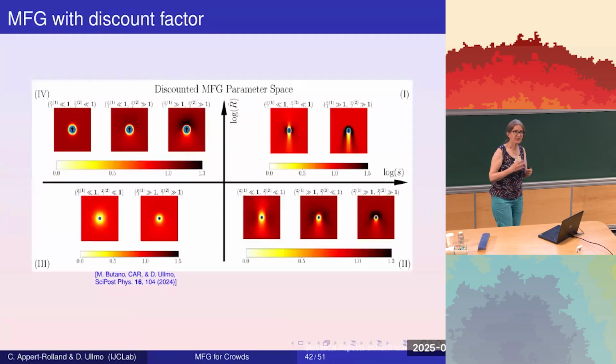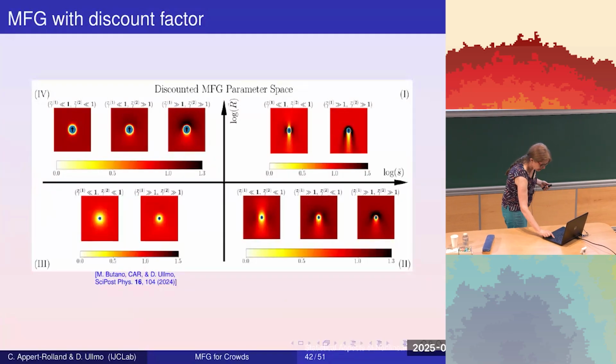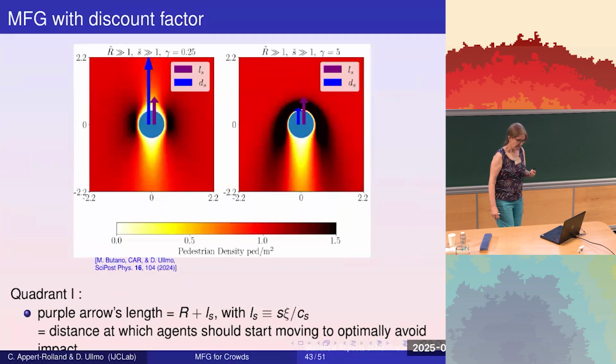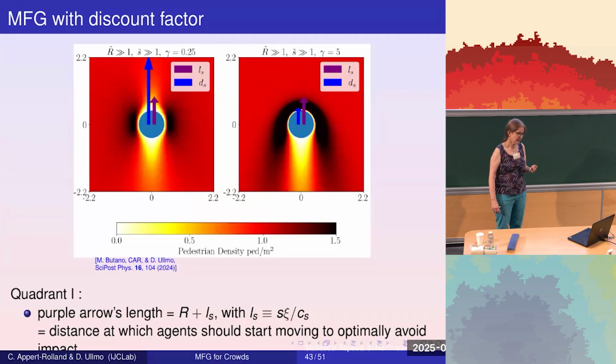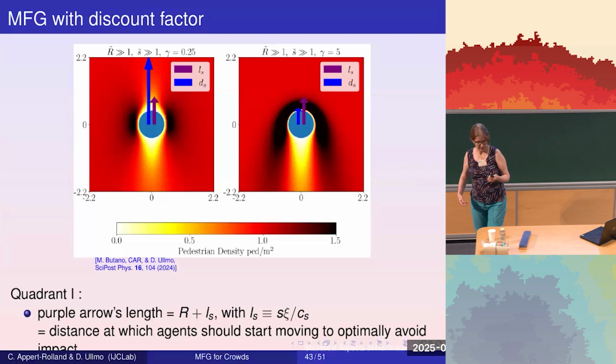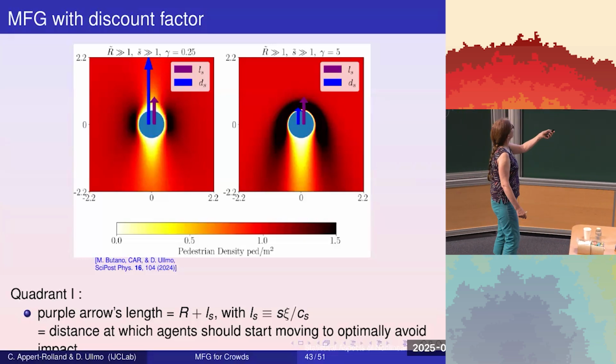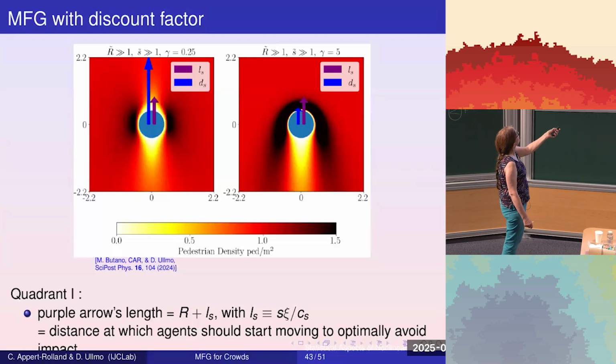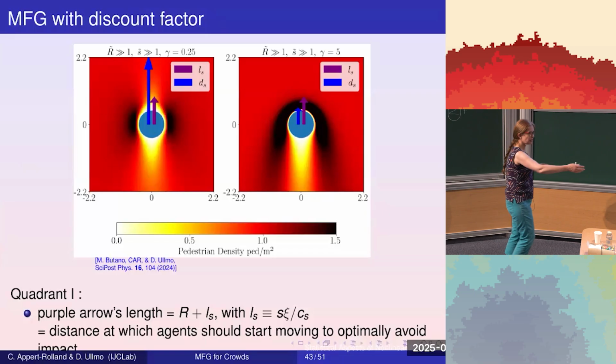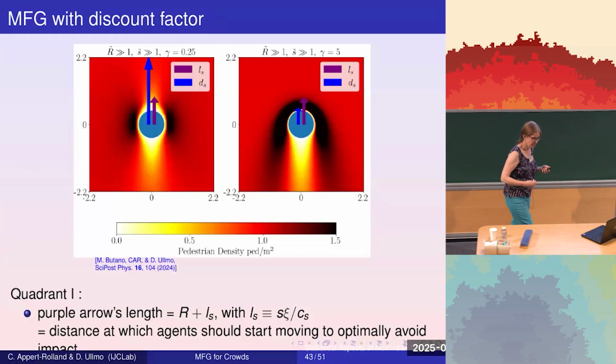So again, we can study the phase space. I will just show you two cases where we can estimate some typical length, a length based on the reaction of the pedestrians, the distance at which they should start to move to avoid the impact.